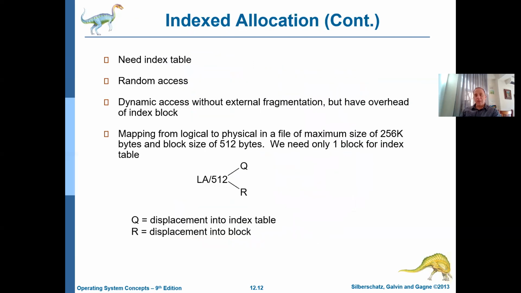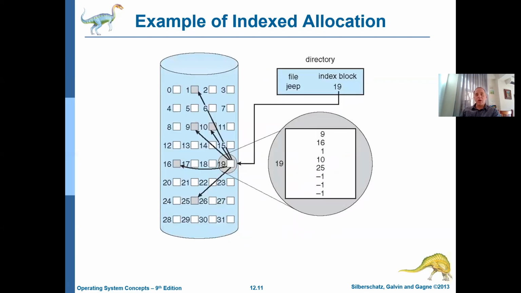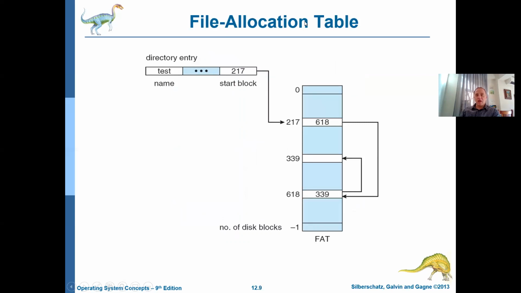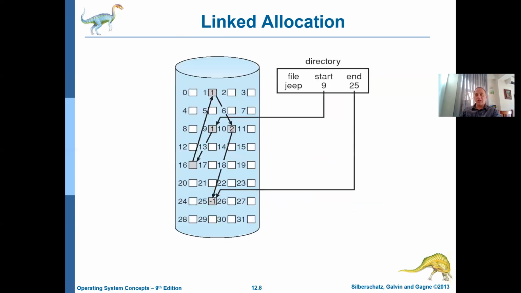But normally, when I delete a file, I'll go through my file allocation table and mark 9, 16, 1, 10, and 25 as being available if it's indexed. If it's the linked list, then in order to delete this file, I'll have to go through the file and keep track of the blocks that it used.